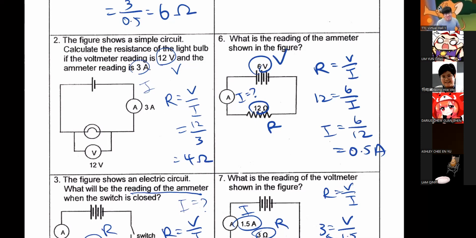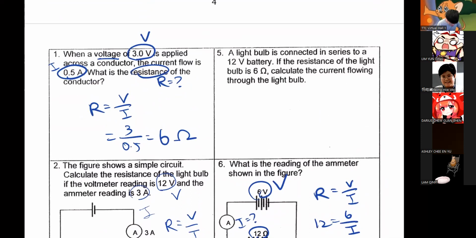Don't suspect anything, that's the way it is. Guys, if this ever comes out in the exam, it will look almost exactly like this. So how can you get this wrong? I don't understand.